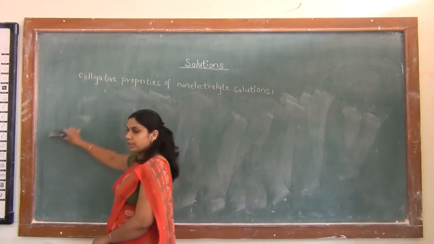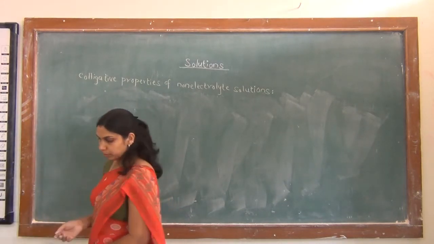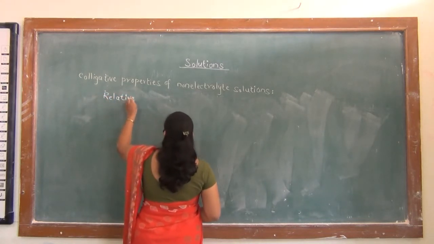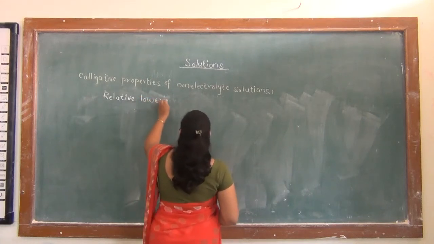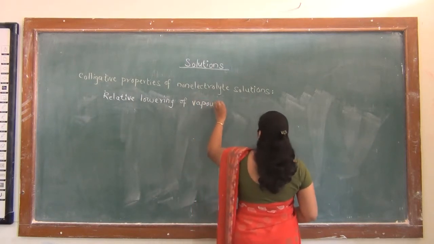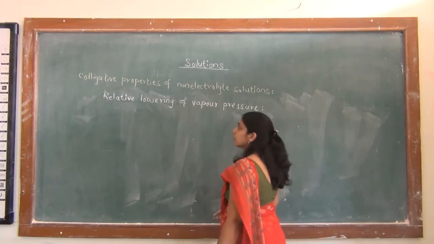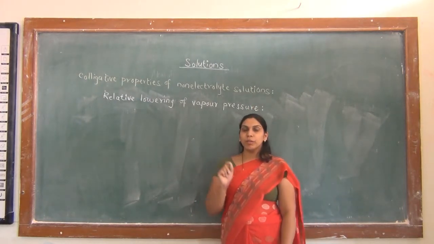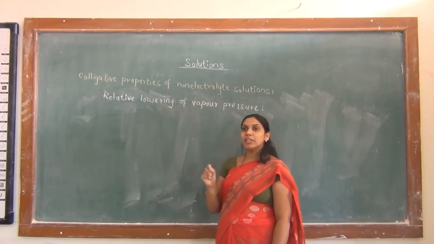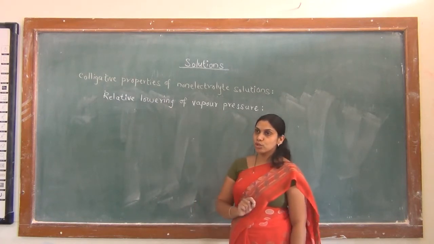The next point in vapor pressure lowering is relative lowering of vapor pressure. Relative lowering of vapor pressure is a ratio of vapor pressure lowering divided by the vapor pressure of pure solvent.